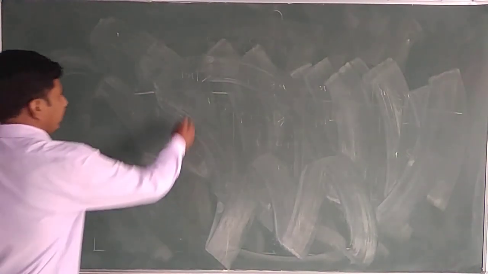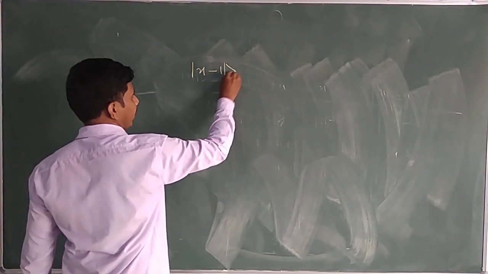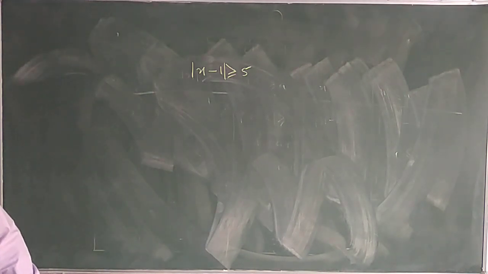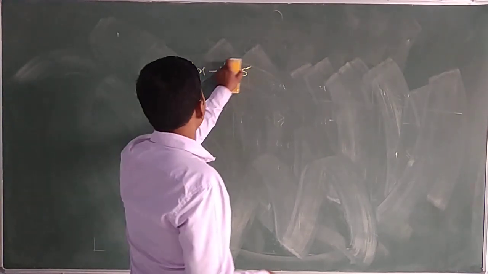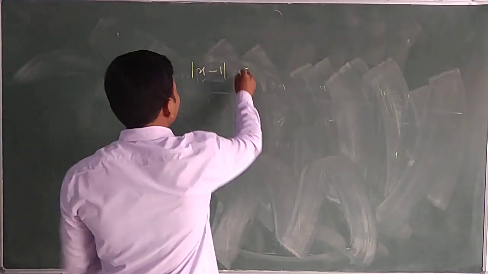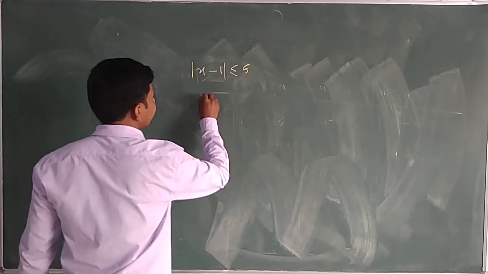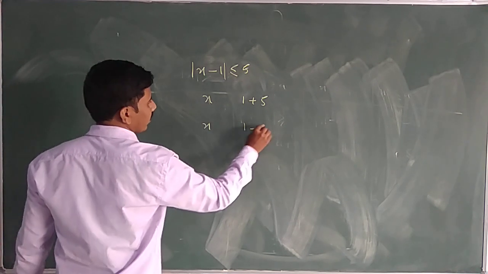Now we are going to take one example. We are going to determine its solution. Modulus of x minus 1 is less than or equal to 5. We take our answer less than or equal to 5. So send this 1 to that side: x is 1 plus 5, x is 1 minus 5.